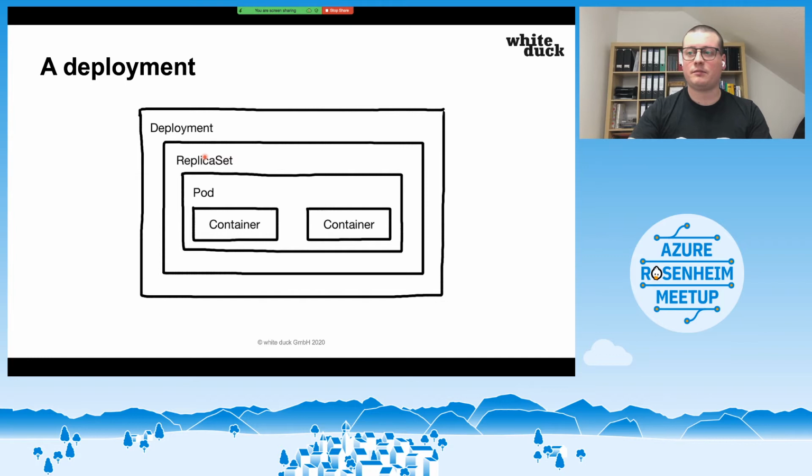So if we define we would like to have 5 instances, the replica controller, listening to the replica set resources, would then create 5 pod instances. And the replica controller would also make sure that 5 instances are running. So if one pod gets killed and only 4 are running, the replica controller knows that only 4 instances are running because the metrics get forwarded.